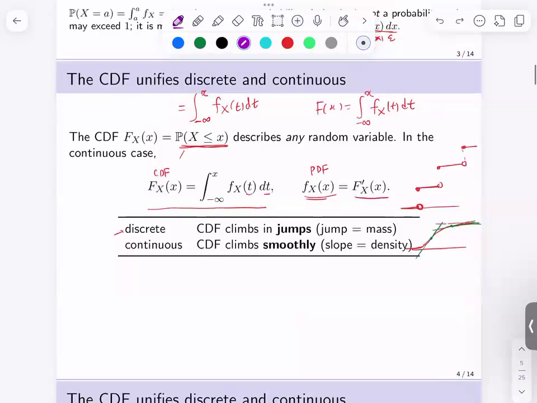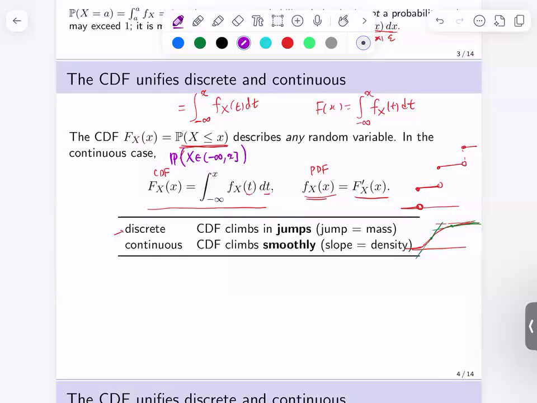Another way to characterize the distribution of a continuous random variable is via the CDF. The CDF is also enough because it tells you the probabilities of half-infinite intervals. This is the probability that x belongs to negative infinity to x, exactly similar to the discrete case.